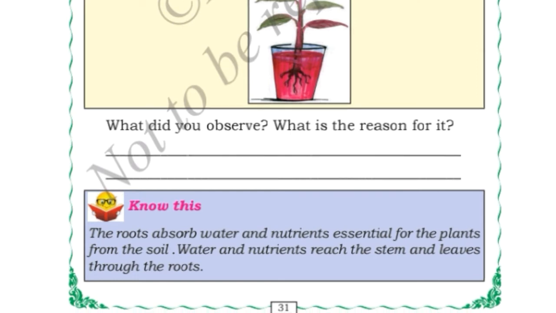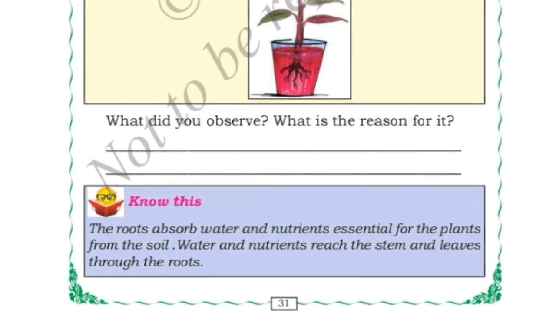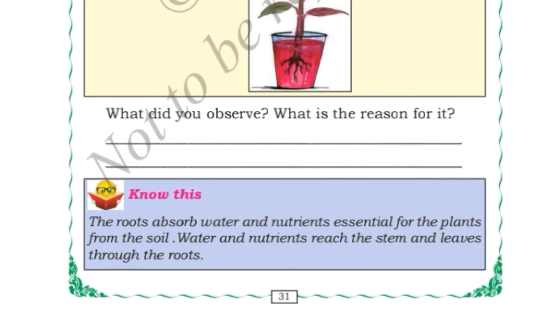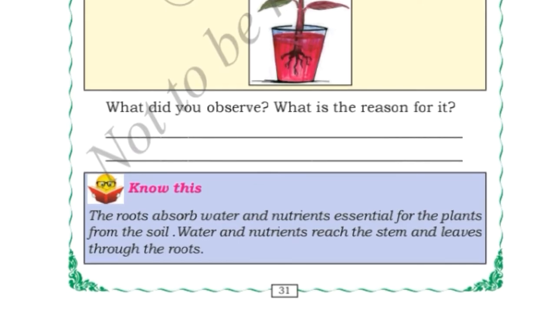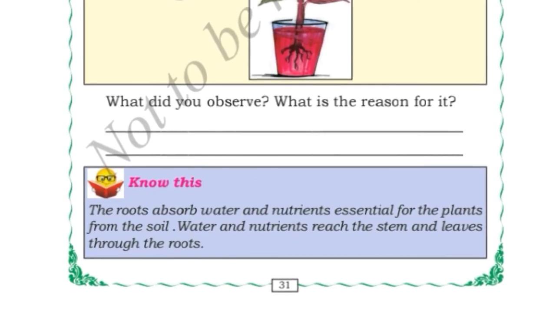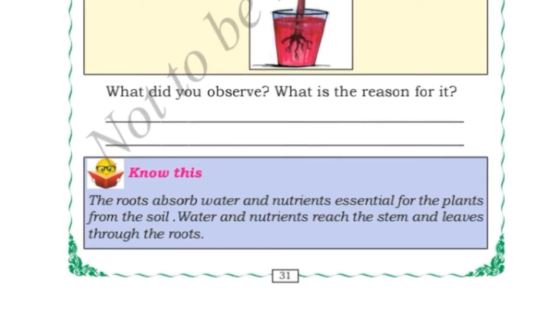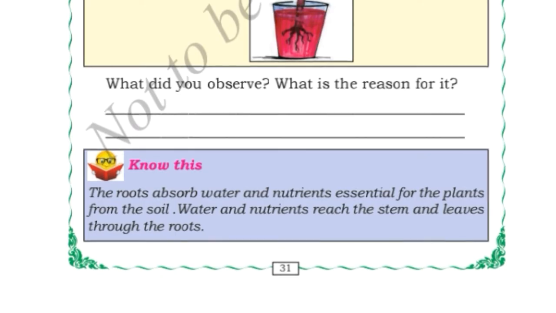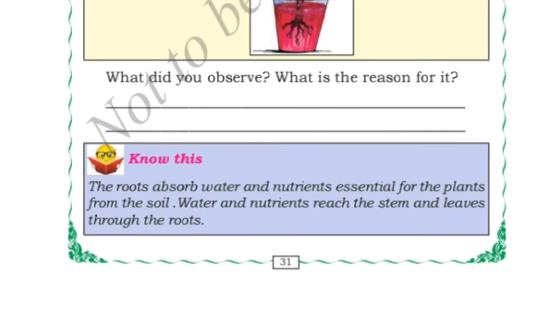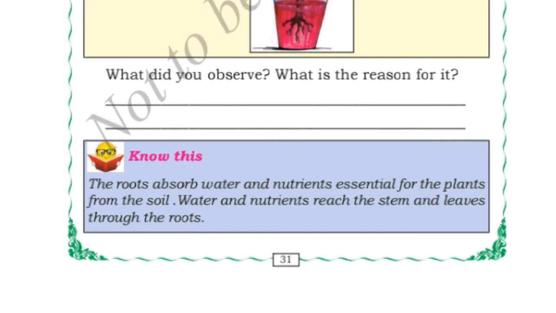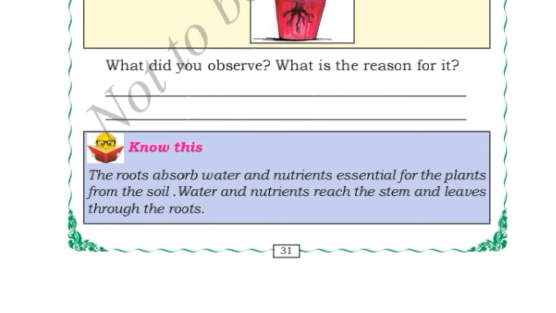So the water which you put to the plant will be absorbed by the root, and the water and nutrients reach the stem and leaves through the root. Whatever water and minerals are there in the soil will go up to the leaves with the help of the root.